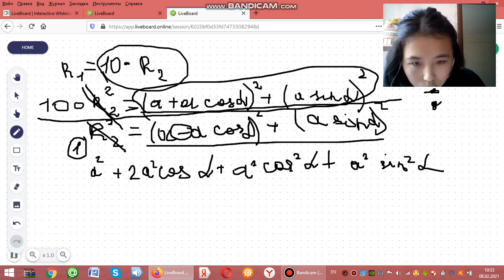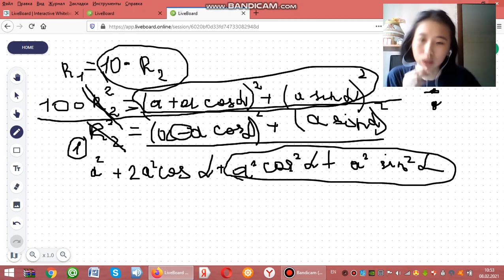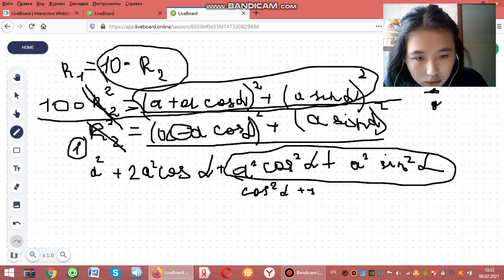Here I want to show this part. We all know the identity that cosinus square alpha plus sinus square alpha always equals 1.